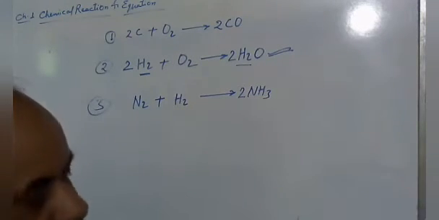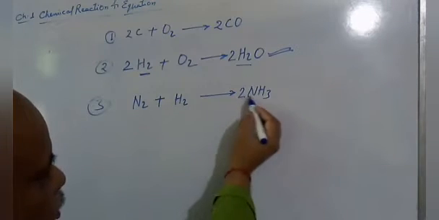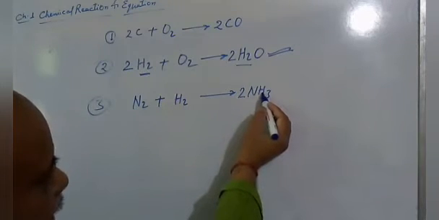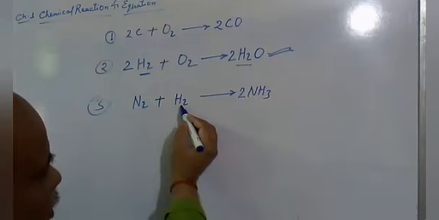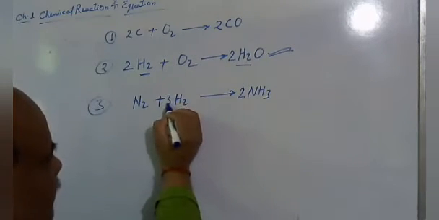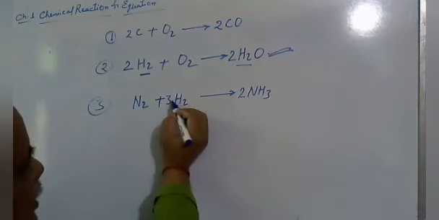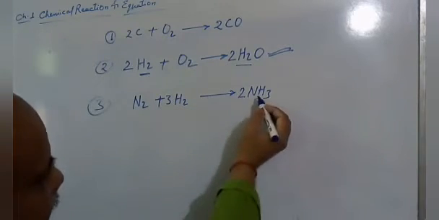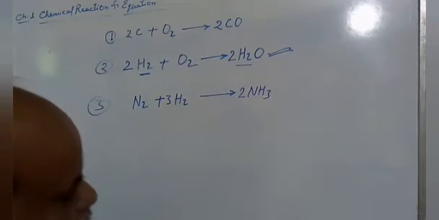Nitrogen becomes balanced, but 2 times 3 are 6 atoms of hydrogen on the product side and only 2 atoms of hydrogen on the reactant side. So we multiply coefficient 3 before hydrogen, giving 6 hydrogen atoms on the reactant side and 2 times 3, 6 hydrogen atoms on the product side.